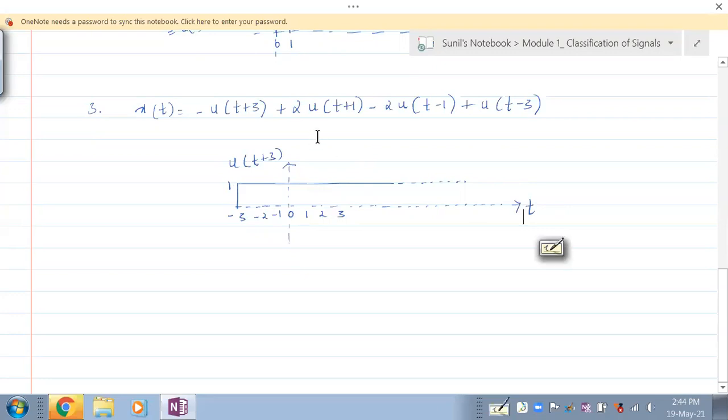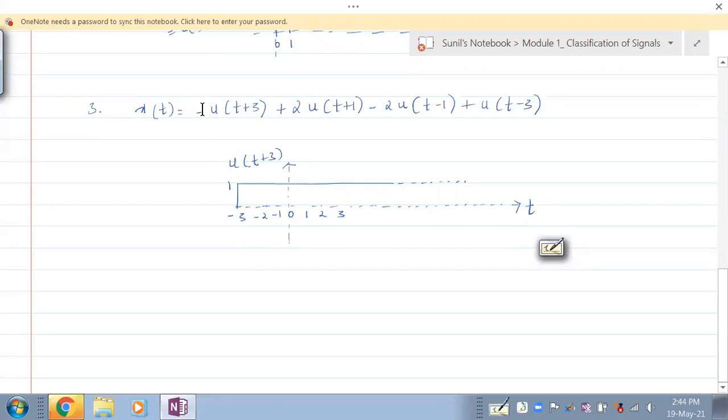Okay, now you have u of t plus 1 here. Fine, we know u of t plus 1. What is 2u of t plus 1? What is multiplying 2 to the signal? It is amplitude scaling. We are scaling the amplitude. That means now u of t plus 1 will have the amplitude equal to 2. U of t plus 1 has the amplitude 1.